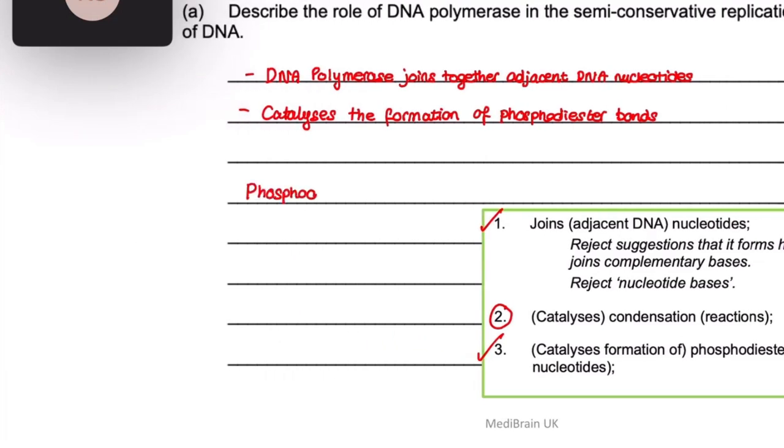So we've got phosphodiester bonds. They form between the phosphate of one nucleotide and the deoxyribose of another nucleotide.